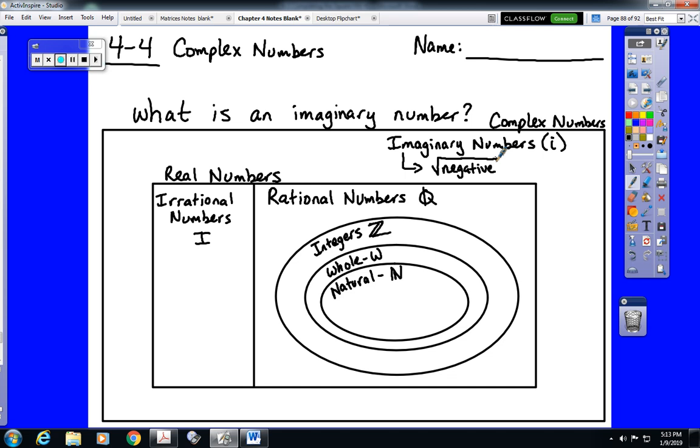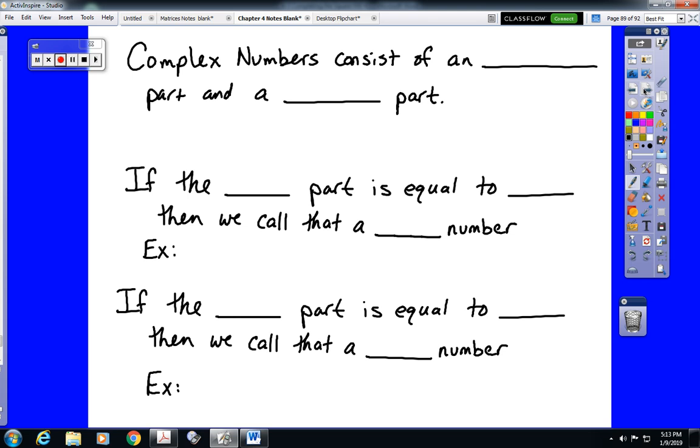So we have these two new sets, the imaginary numbers and the complex numbers. They're not the same thing. Just like your rationals and your irrationals combine to make the real numbers, your real numbers and your imaginary numbers combine to make the complex numbers. So let's talk a little bit about complex numbers.